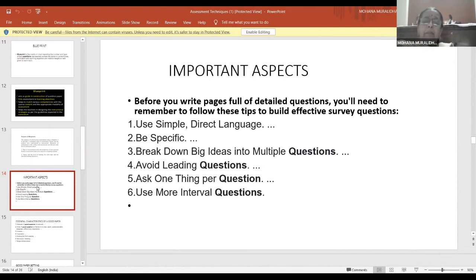But at the same time, there are some children who don't look into the subdivision and they tend to miss marks. So it has got its own advantage and disadvantage. Again, we need to train the children to see to it that they don't miss out anything. Otherwise, I think it should be: ask one thing per question and use more interval questions.